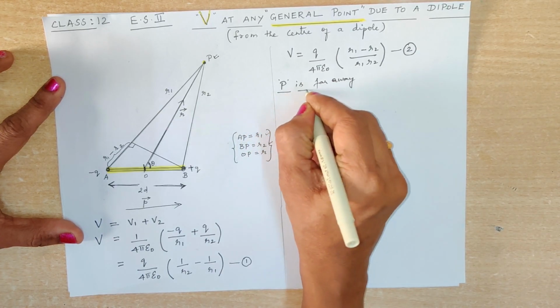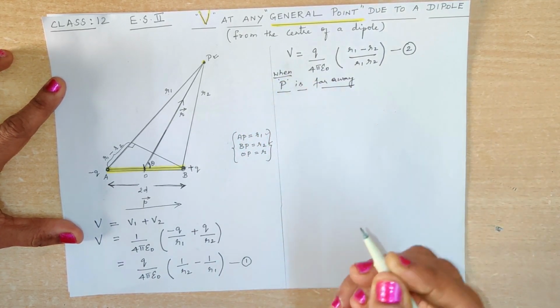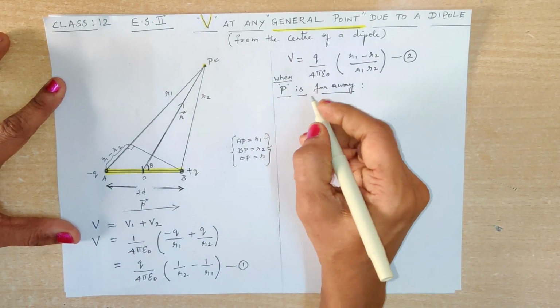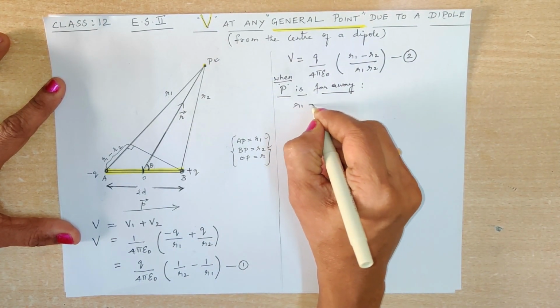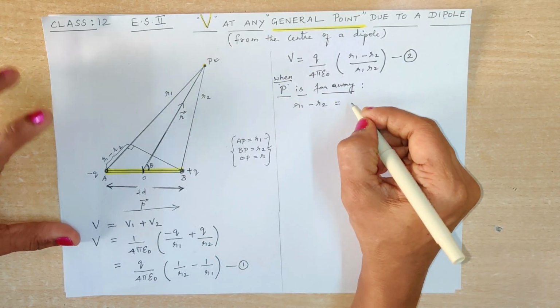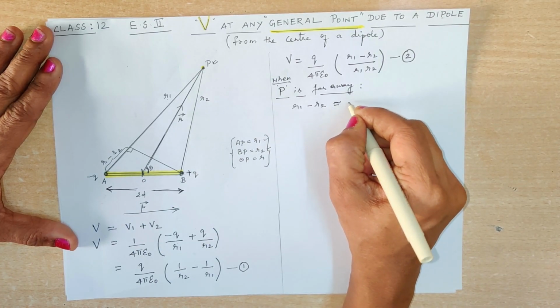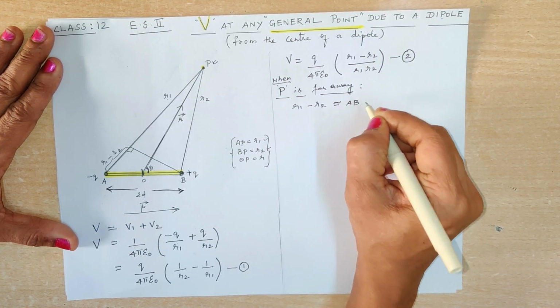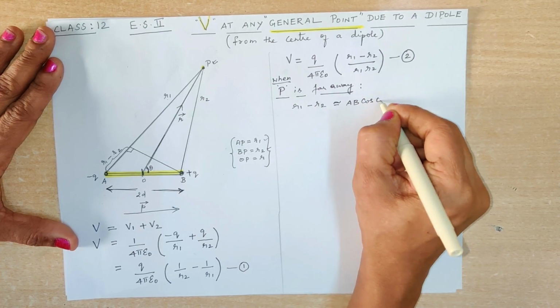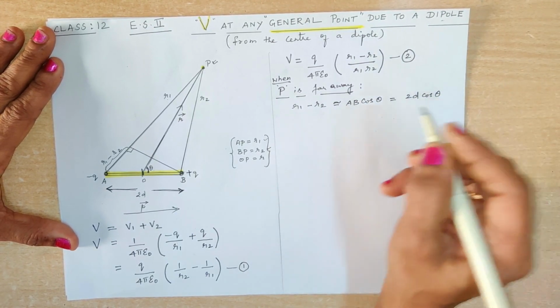When point P lies far away from the dipole, we simplify this. R1 minus R2 is approximately the length of the dipole AB with respect to cos theta, that is 2D cos theta, from the diagram.